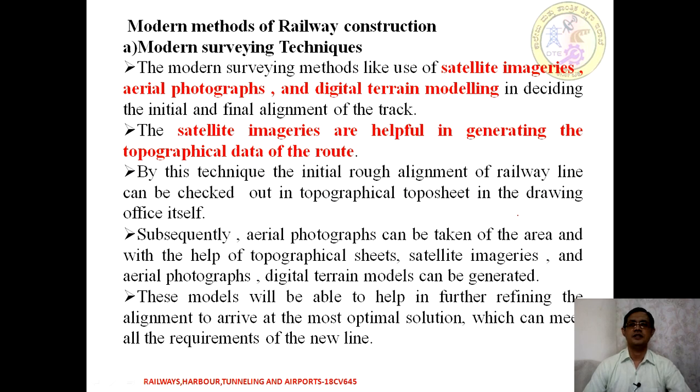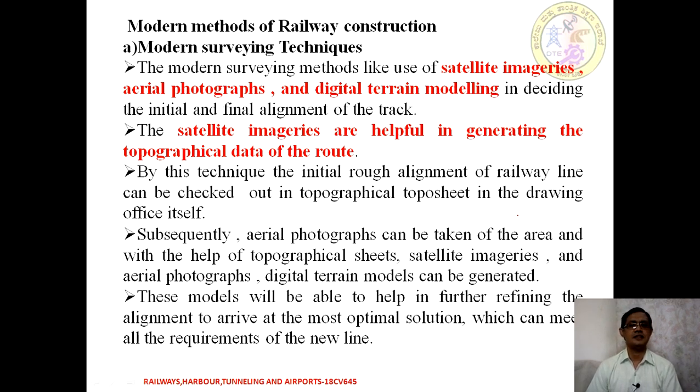As the name itself indicates, apart from the conventional methods of surveying instruments, advanced surveying methods like satellite imagery or aerial photographs and digital terrain modeling are utilized in order to decide the initial or final alignment of a track. That is an advancement we have been using.